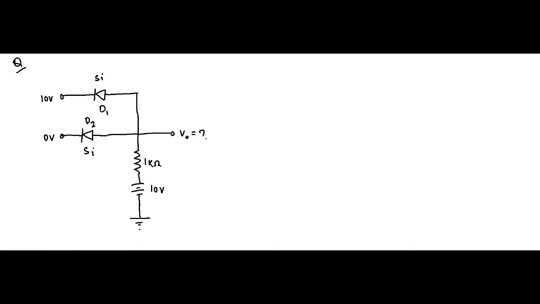We have two silicon diodes. Nothing has been mentioned about whether they are ideal or not, so we have to consider that they are not ideal. The built-in potential is 0.7 volt and we have to determine the output voltage. Looking at diode D1, the P end is connected to 10 volt, the N end is connected to 10 volt.